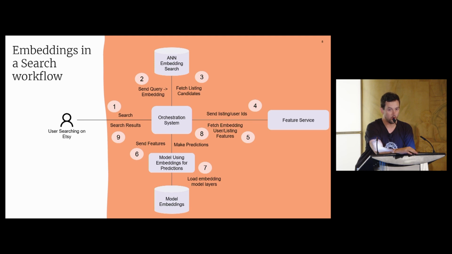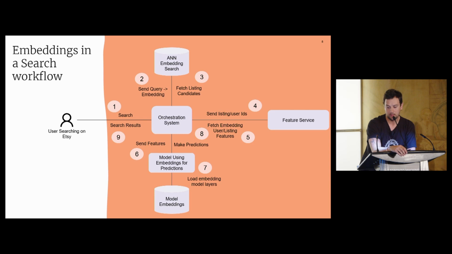Here's an example of all the places that embeddings exist within our search workflows. You're searching on Etsy. First, our orchestration system will go off and convert that query maybe into an embedding using an embedding model, and then it'll send it off to an approximate nearest neighbor search, which is an embedding index. That will fetch some possible candidate listings, say like 1,000 listings that we think might be a good fit. Then we'll send those off to our feature service and fetch features for them.